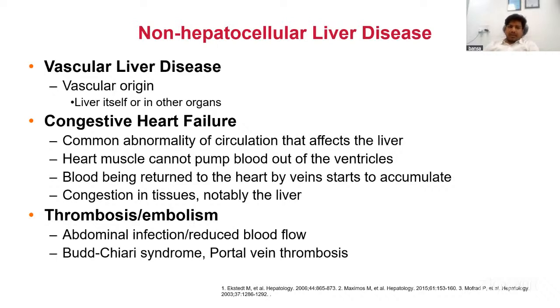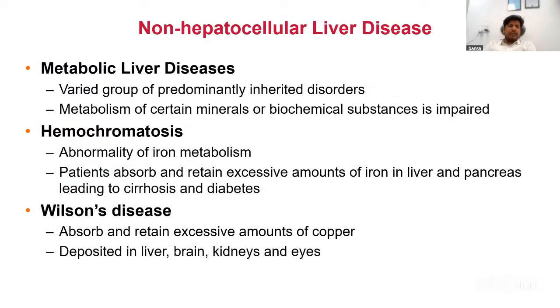Another non-hepatocellular liver disease is vascular disease, like right heart failure, congestive heart failure, cardiac cirrhosis, and thrombosis in the form of portal vein thrombosis or Budd-Chiari syndrome in the hepatic vein. Metabolic liver disease includes hemochromatosis, in which iron metabolism is affected, leading to excess iron overload in the liver, and Wilson disease, copper retention in the liver.